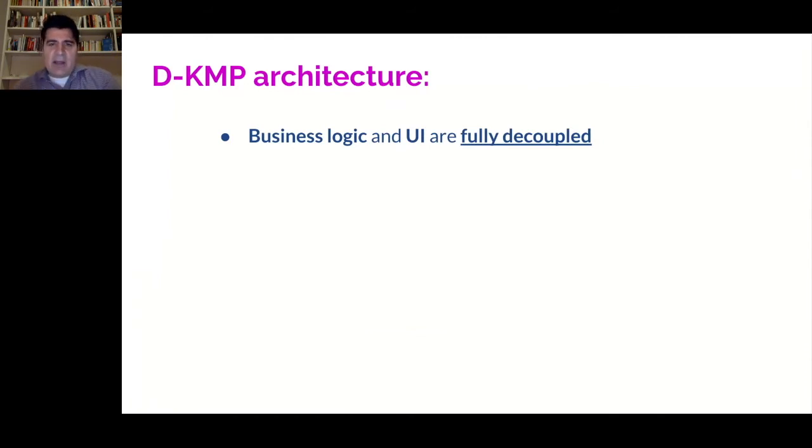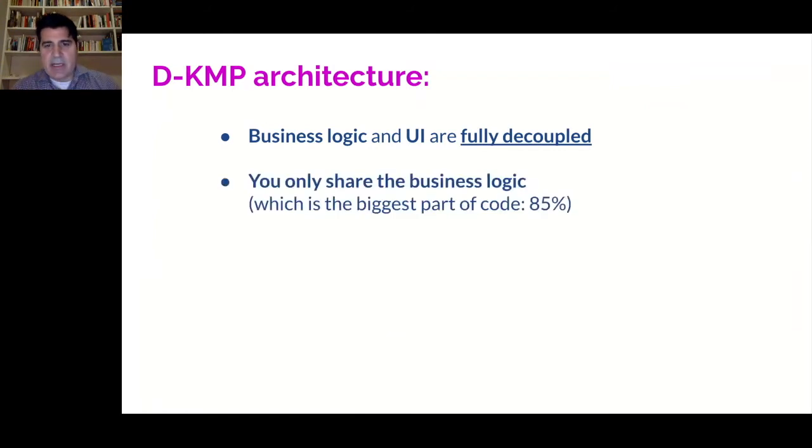It's based on business logic and UI being fully decoupled, and you only share the business logic, which, by the way, is the biggest part. We will show, not in detail, but from experience, that in this architecture you're able to have 85% of shared business logic, and why that number is so high.